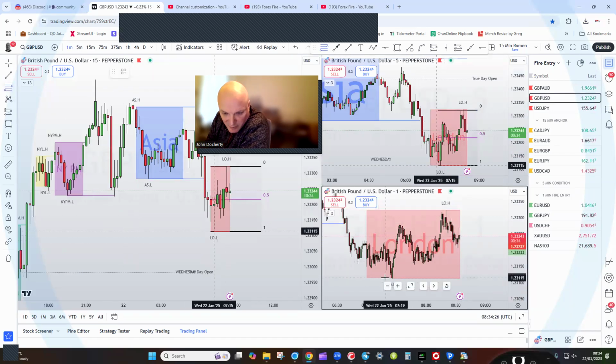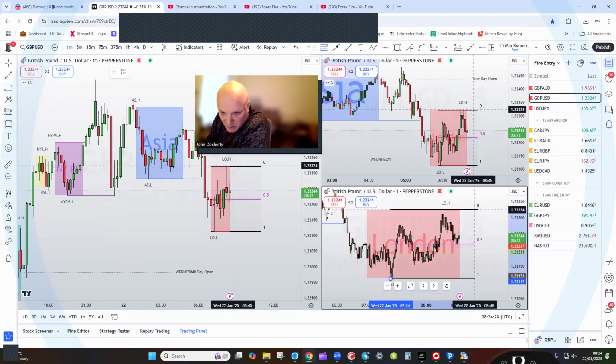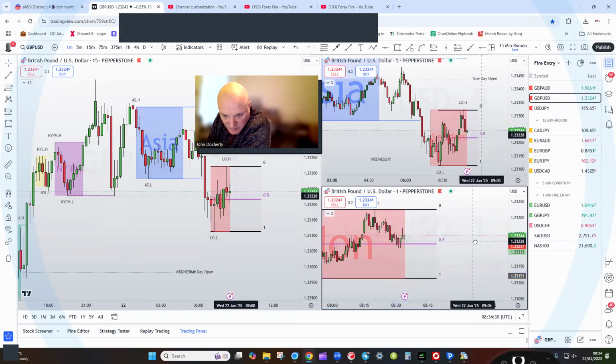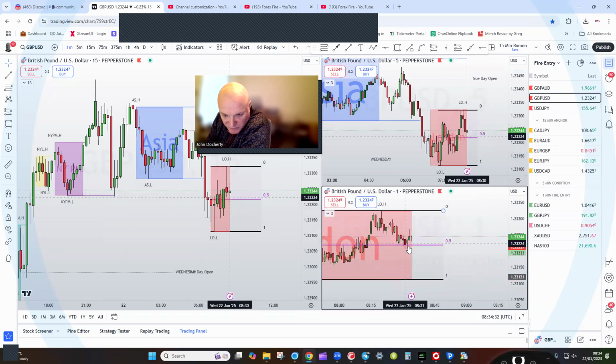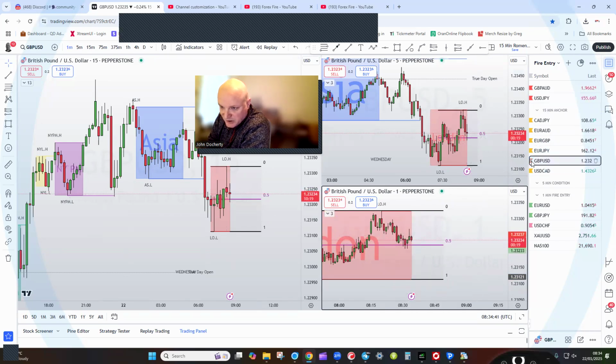Again, this is not about being correct on every single one. It's about testing the mechanics of the system. So once we've had the touch on here, we're waiting for a bearish and then a bullish engulfing. We haven't quite got it on this just yet, but it's heading towards that.